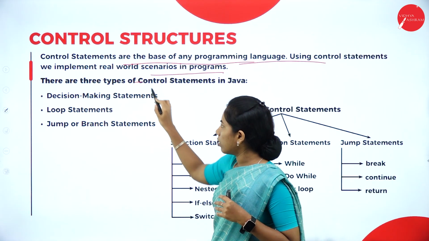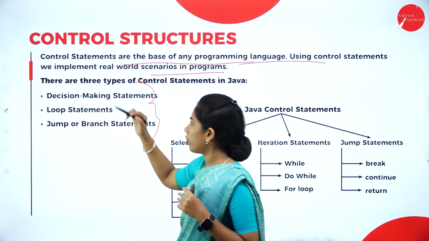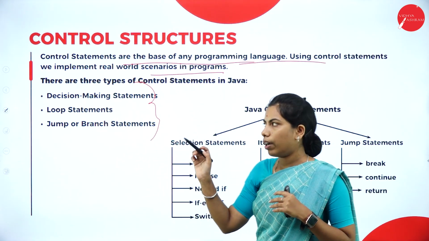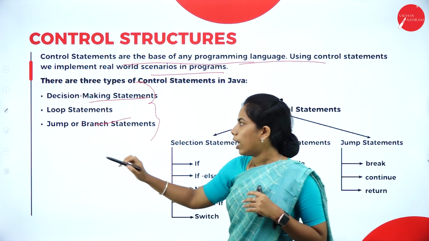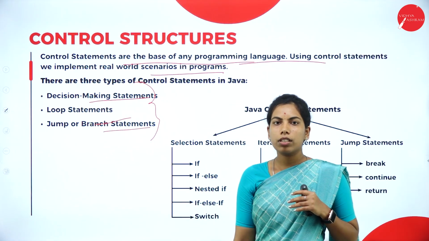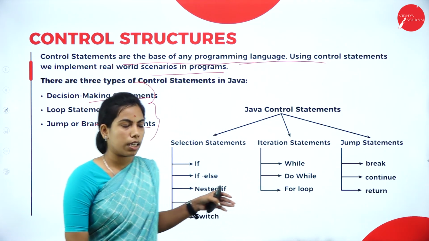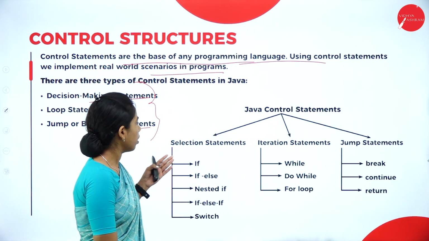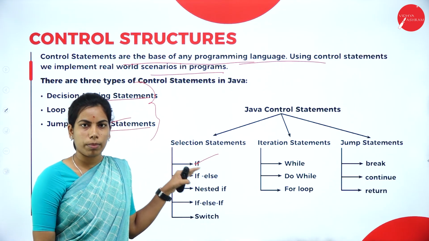So let's discuss. These are the three types mainly available under the control structures in Java. The first one, decision making statements, then looping statements, and the last, jump or branching statements. In decision making we have, here you can see one pictorial representation, the selection statement, this is called decision making.